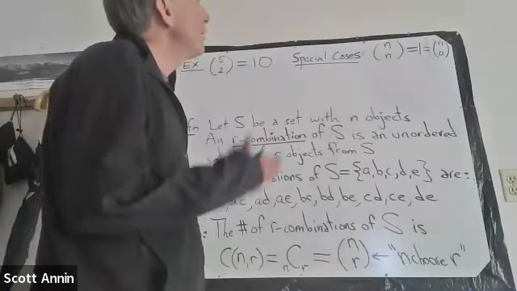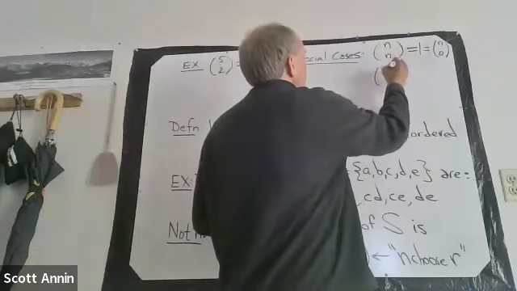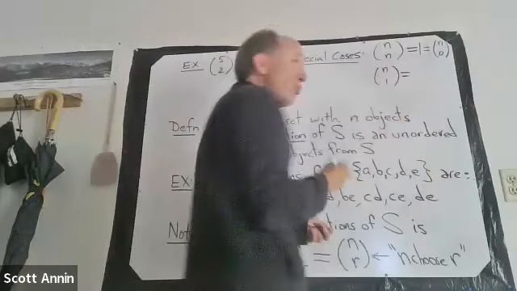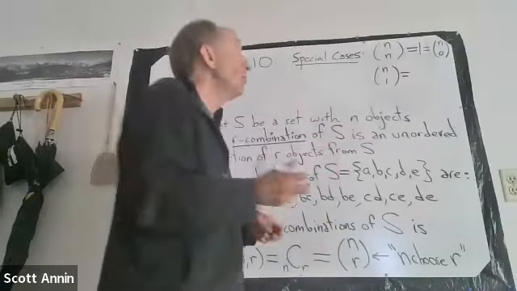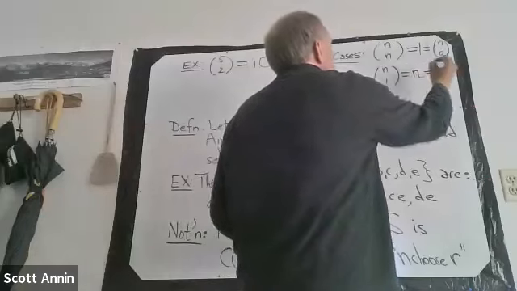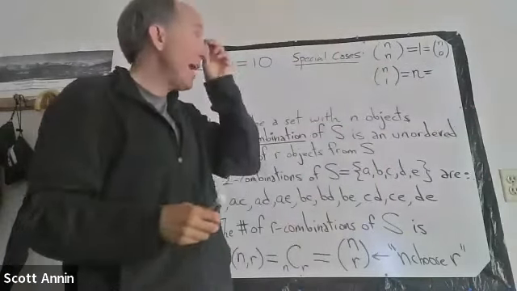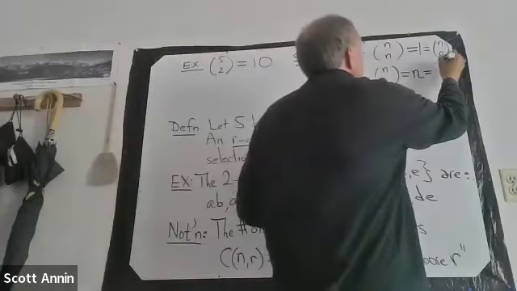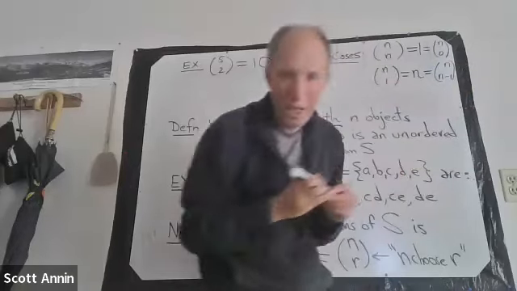Okay. What other special cases could we have? We could have N choose 1. How many ways are there to choose one object out of N that are in a set? Well, pretty natural to just think, you can choose any one of the N objects. There's N ways to do that. Or you could think of that as the same as choosing all but one object, right?